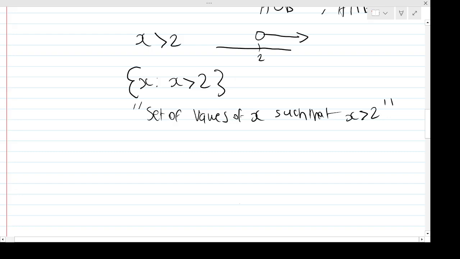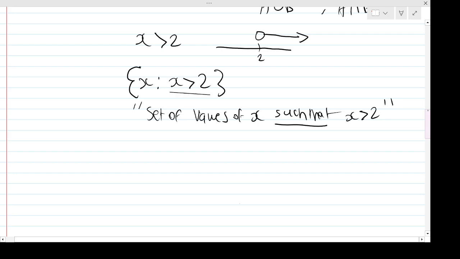So the set of values is referring to the curly brackets, and the values of x is what we define as x here. Such that is these colons here. That's what that means. So x such that x is greater than 2. Well, x greater than 2 is there, so that's nothing new, and that's all it means.